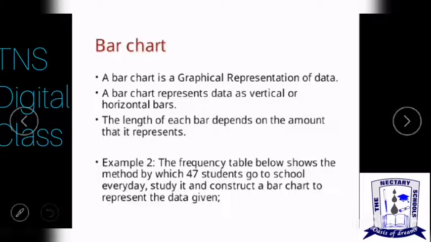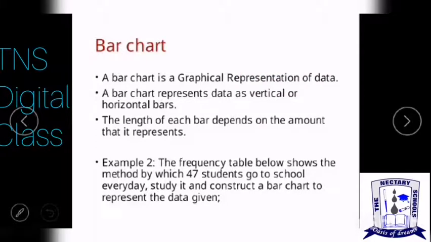A bar chart represents data as vertical or horizontal bars. This simply means data represented on a bar chart could be a vertical bar like this, a vertical bar like this, or a horizontal bar like this.